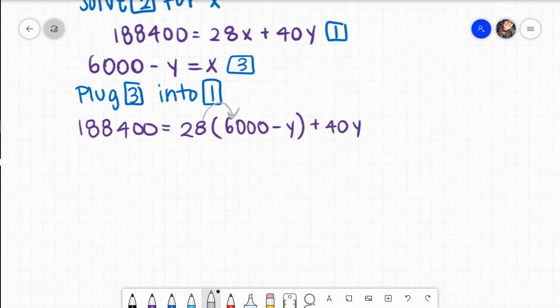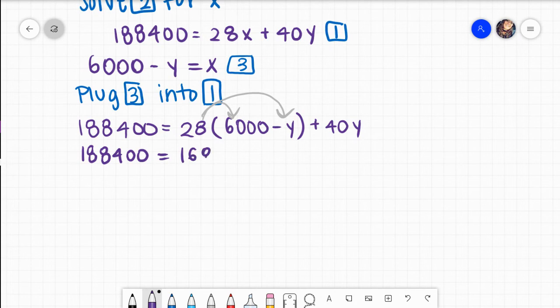Okay, I know that that number is touching a parenthesis, which means to multiply. Left-hand side, 188400 equals. Right-hand side, if you do 28 times 6,000, what you get is 168,000. You do 28 times a negative y, what you get is a negative 28y plus a 40y.